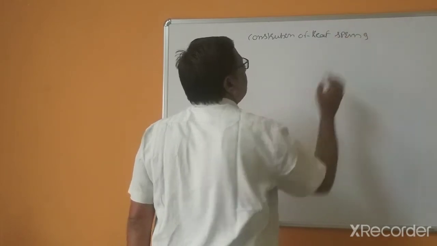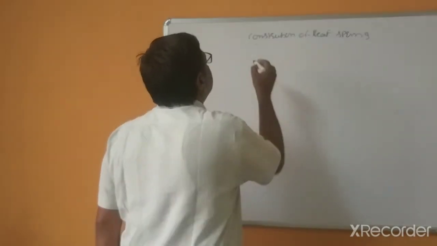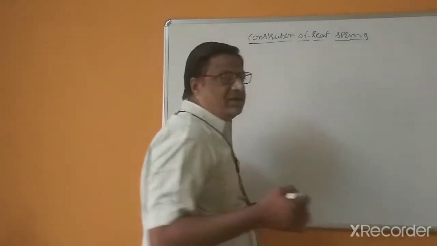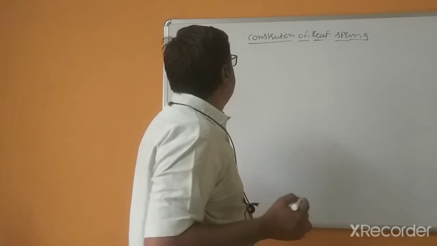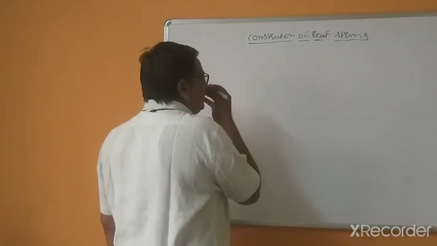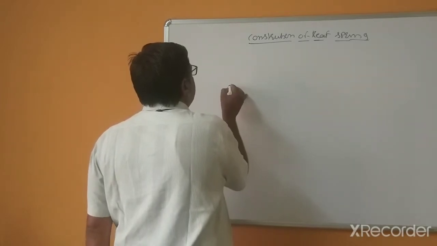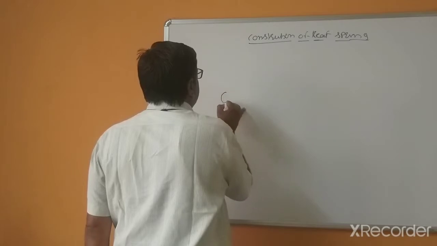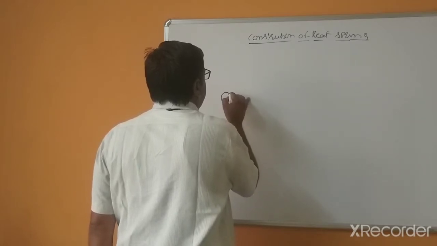and after that I explain what the design procedures for leaf springs are and what the expressions related with the leaf springs are. So the leaf spring consists of a master leaf. In the master leaf, such type of eye is required.